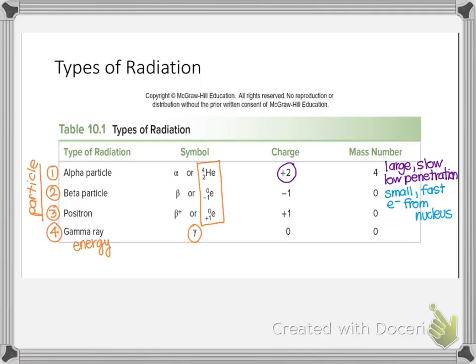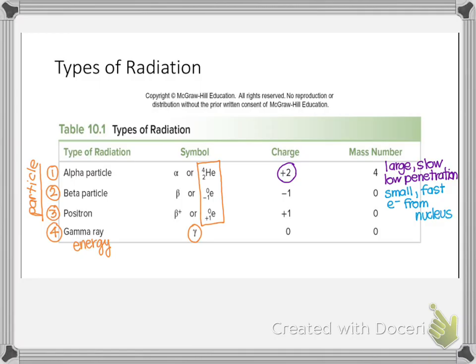So in this nuclear process, an electron is one of the byproducts, and so the electron comes out of the nucleus. So the electron's not just sitting there in the nucleus, it's not an electron we didn't know anything about, it's as a result of the changes in the nucleus. Now because these are smaller and faster, they actually can penetrate more than the alpha particles. So maybe something like a piece of paper would have to stop a beta particle.